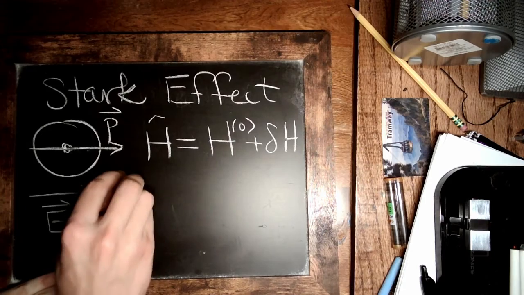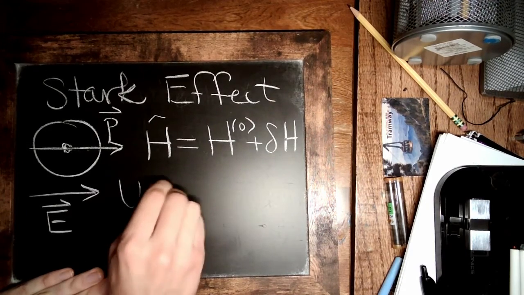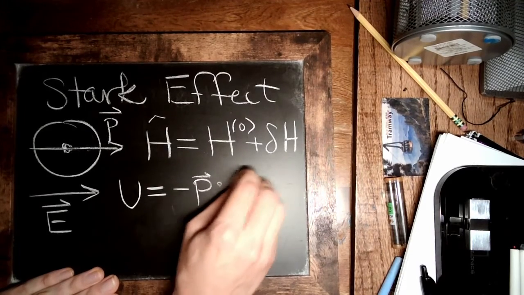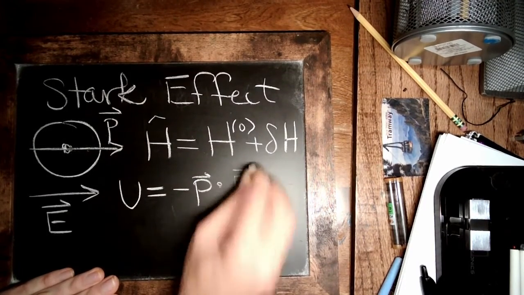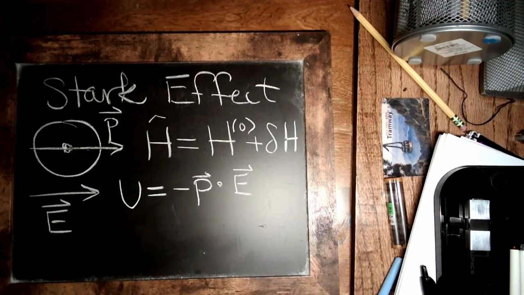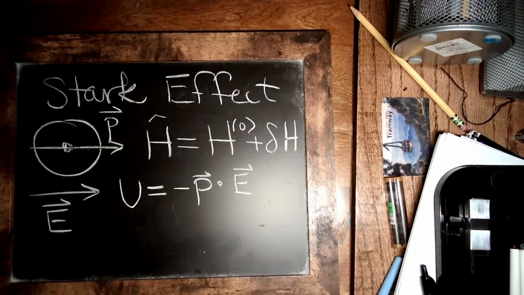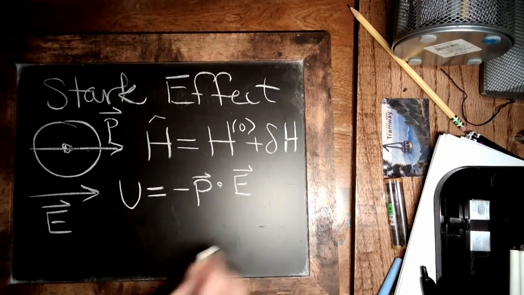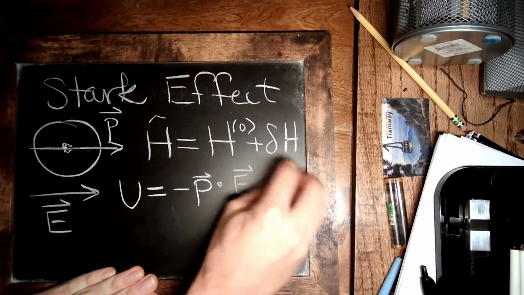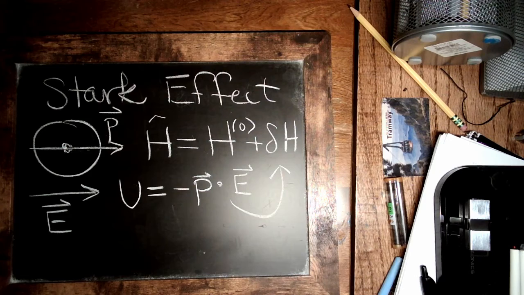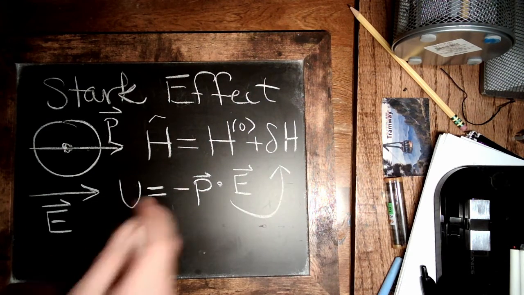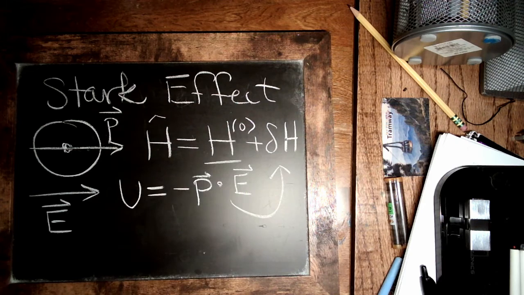The energy of a dipole interacting with an electric field is minus P dot E. So if we translate this into quantum operators and plug that in, then we can get our delta H, or the small perturbation that we're going to make to the standard Hamiltonian of the hydrogen atom.